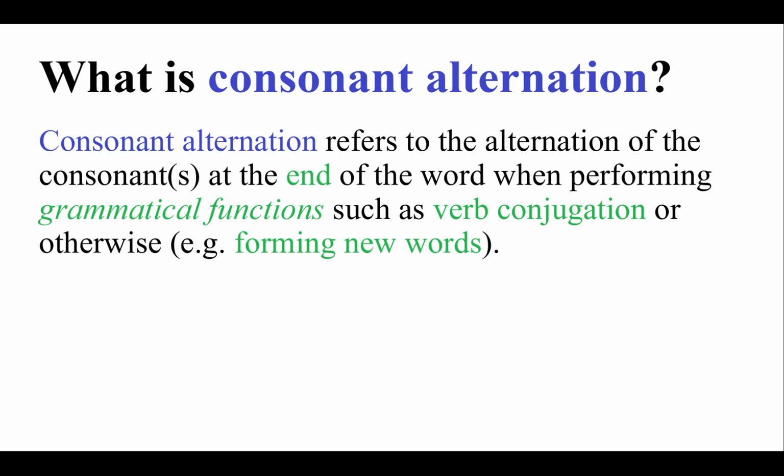Although it's not a significant word formation, you could regard verb conjugation as a way to form nuanced words, because the meaning of two differently conjugated verbs changes, either by tense or by aspect. So ultimately, consonant alternation is about forming new words.